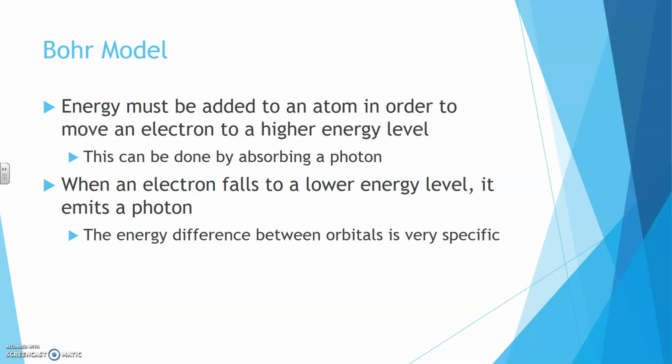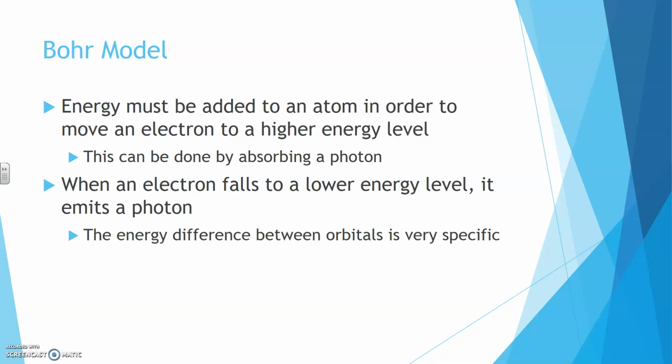So if that photon has a wavelength that's within the visible light spectrum, you will see it as a very specific color, okay? So this is how we get fireworks, actually. You are basically increasing the energy level of electrons in those atoms, and then they regret that decision.